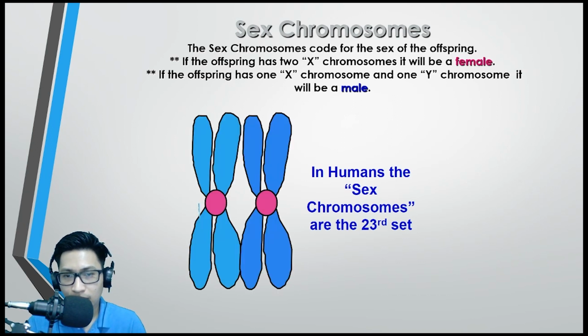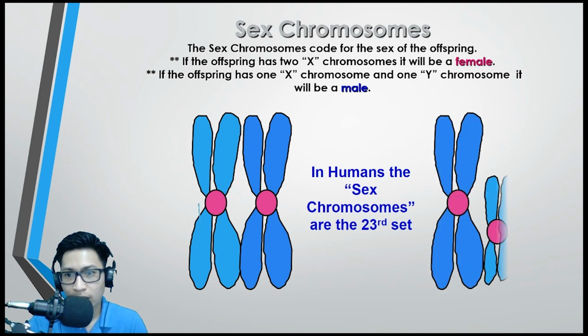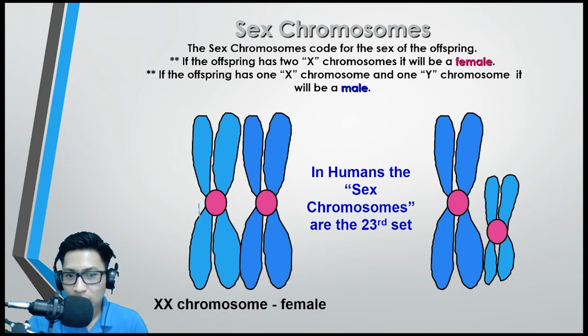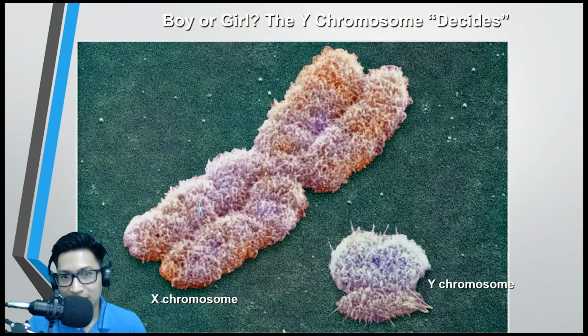Ito yung example ng X chromosome. Both has X chromosome, while the other one has a Y chromosome. Kung papansinin ninyo, they differ in size. Mas maliit ang Y chromosome. So, the two X chromosomes will be a female, while the X and Y chromosome will be male.